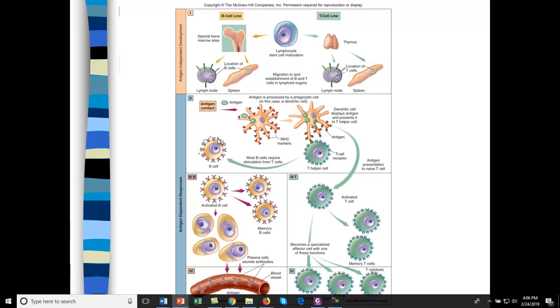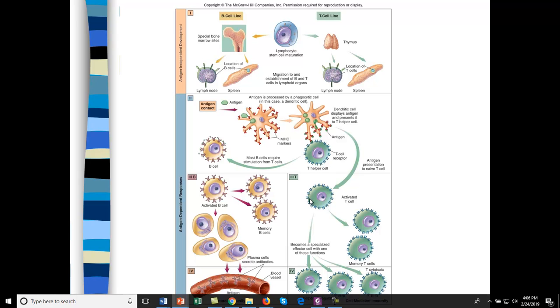And you can also get little pieces of antigen that will stimulate this B cell as well. So this B cell can be stimulated just by portions of the antigen that are floating around in the bloodstream, or in the lymph system. So it can get stimulated on its own, but mostly what happens is that through this antigen display by the phagocytic cell, the T helper cell will stimulate the B cell, and that will cause the B cell immune system to activate. So you get an activated B cell, you get an activated T cell.